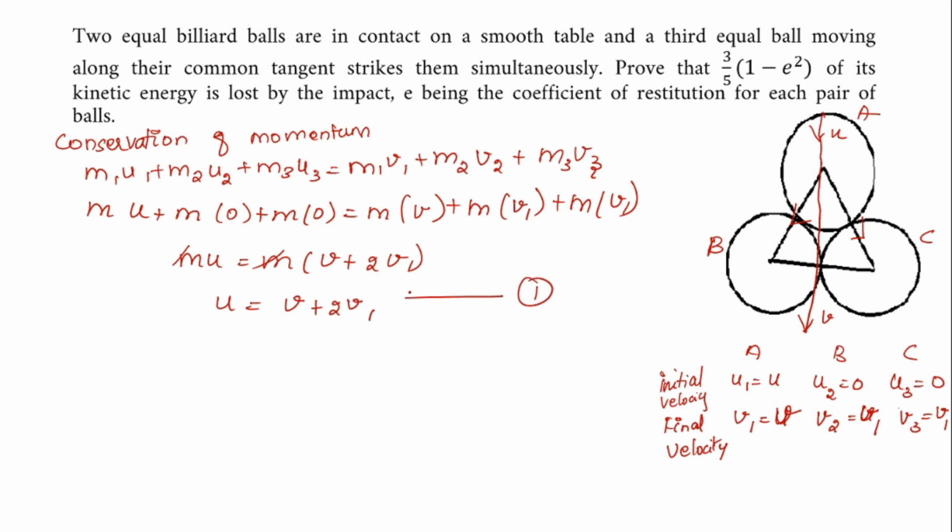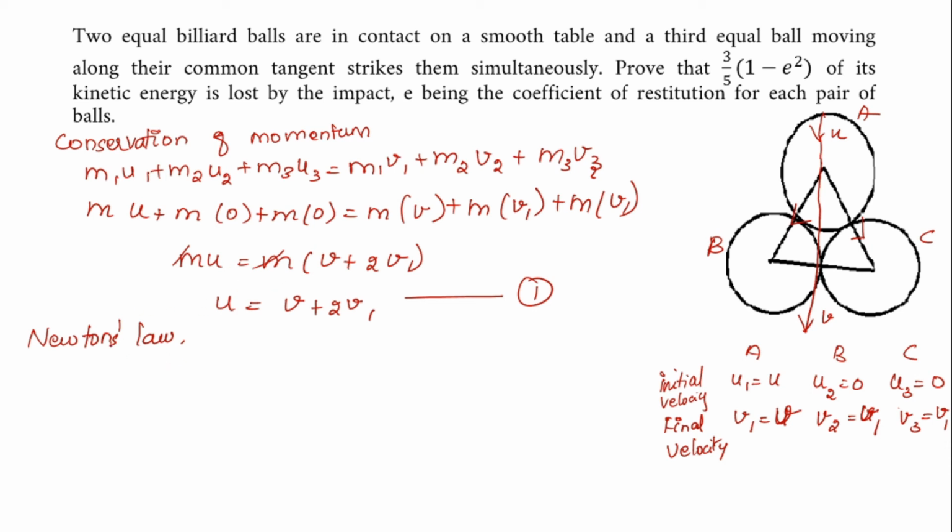Because when you derive the loss of kinetic energy, you use conservation of momentum and Newton's law. Next we are going to use Newton's law. In Newton's law, we have v2 minus v1 is equal to minus e into (u2 minus u1).